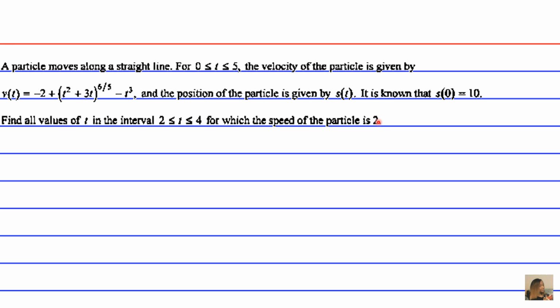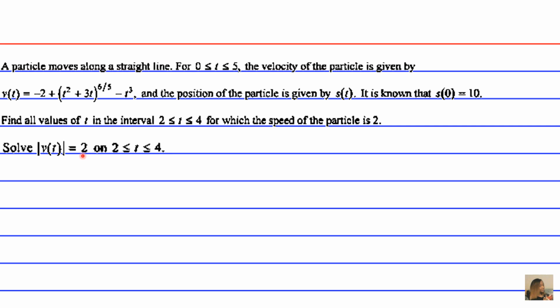So what we basically have to do is solve for the absolute value of v(t) = 2, again because speed is a scalar quantity.